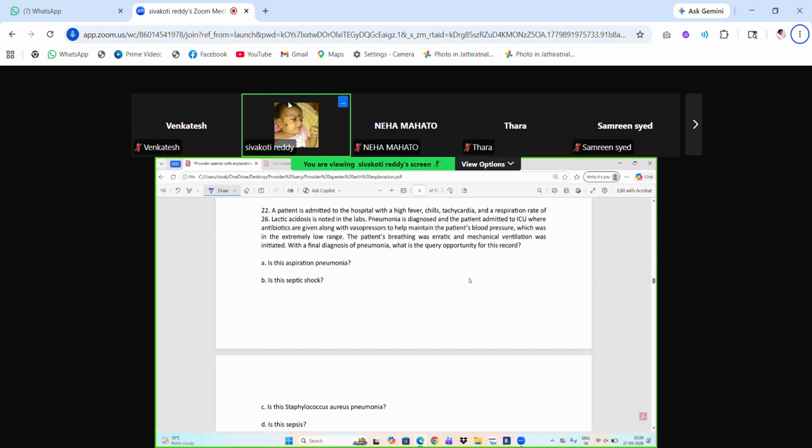Guys, the patient has extremely low blood pressure, which means circulatory failure, and the patient was on vasopressors, antibiotics. These all are septic shock indicators. Fever, chills, tachycardia, respiratory symptoms, pneumonia also diagnosed, and admitted to ICU. Antibiotics given along with vasopressors. When they give vasopressors, it should go with septic shock.